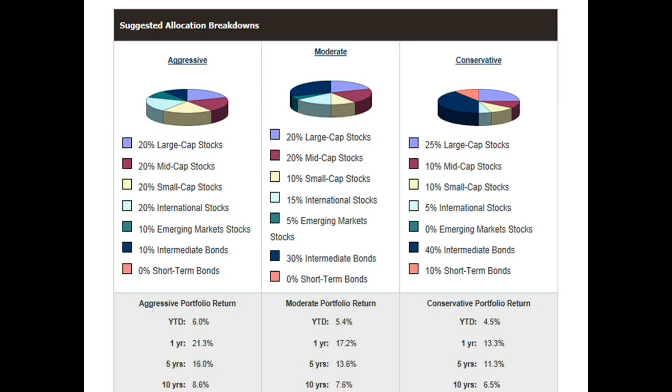Now, the traditional asset allocation models are traditionally stocks and bonds. You can see some suggested allocation methodologies here. They diversify over large cap stocks, mid cap stocks, small cap stocks, some international stocks, some emerging market stocks, and then we'll throw in some bonds. Well, in my mind, that's not true asset allocation.